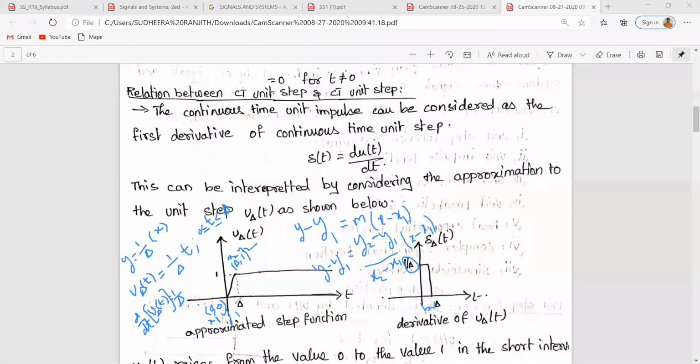Is it clear? So if we want to find the differentiation, we should note the equation of the line. As we know, if we know two points lying on the line, we can find the equation of the line by taking the point slope form.